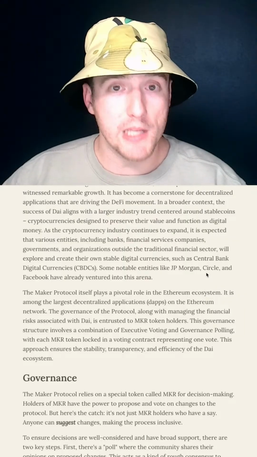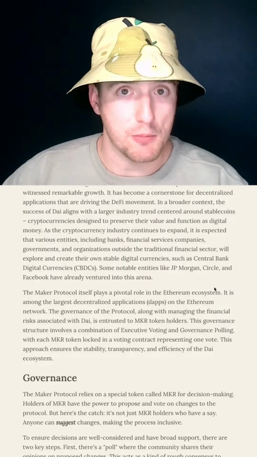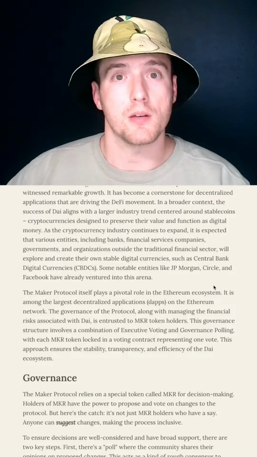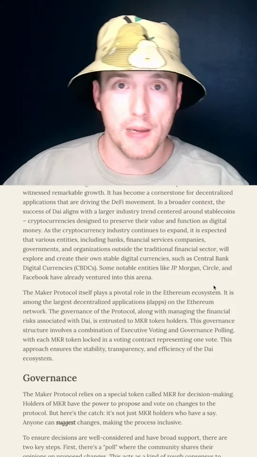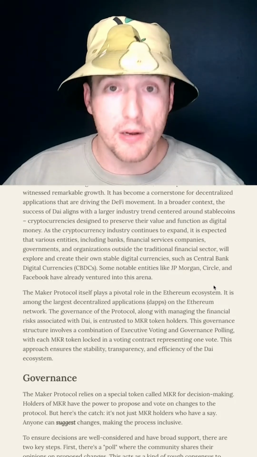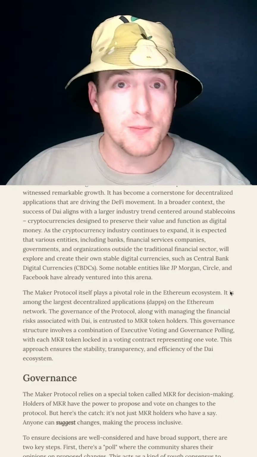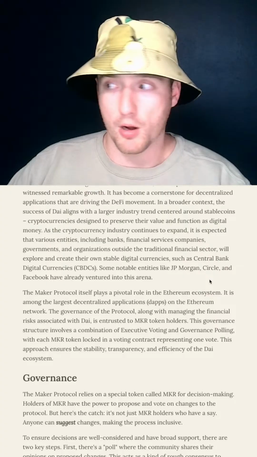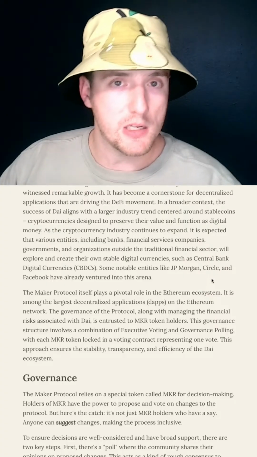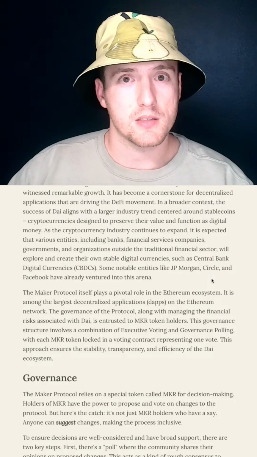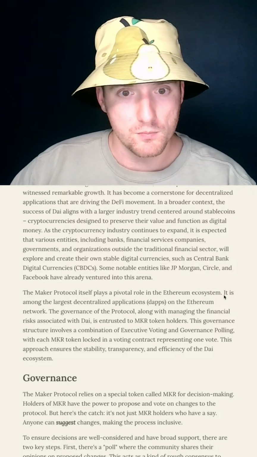But we do know that Circle has a stablecoin. They're not a bank by any means, but it could be a neobank, a new digital bank. Some of these other areas: JP Morgan has Onyx, a crypto arm, and Facebook at one point in time was trying to do Libra, which was a unique twist on a stablecoin-esque currency.